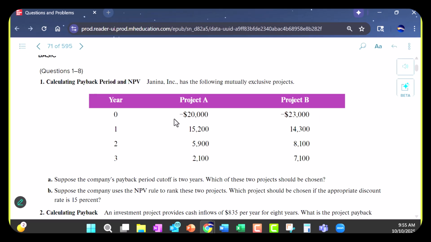Here, the scales are different. So when there's a conflict in the ranking, you always go with NPV.